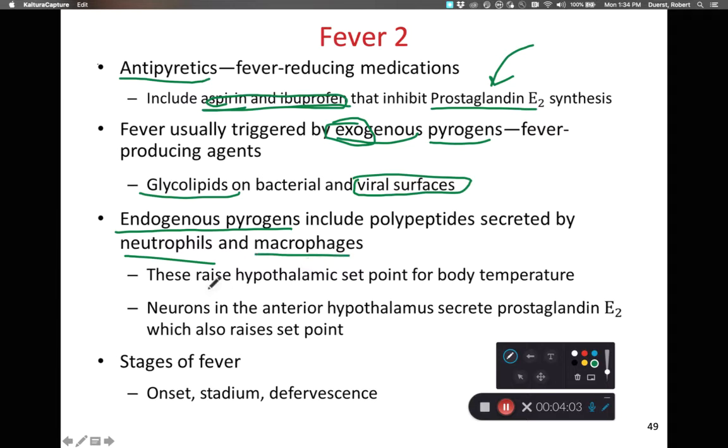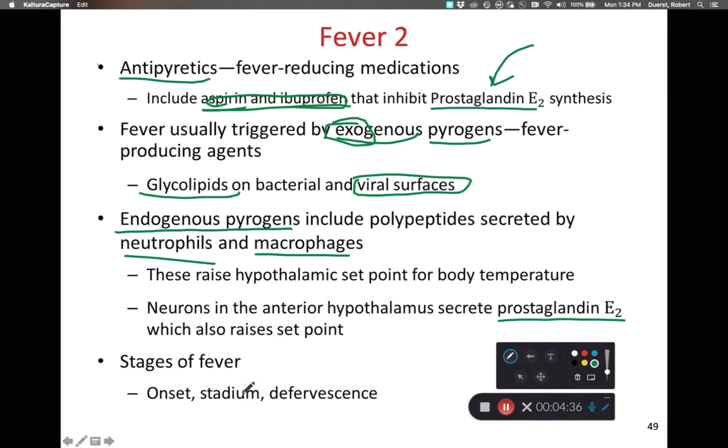These are going to affect the hypothalamus, where our body's thermostat resides, and raise the hypothalamic set point for body temperature. They travel through the bloodstream, go to the hypothalamus of our brain, and tell it, hey, let's turn up the heat. Then within the hypothalamus, prostaglandin E2 synthesis is going to raise the set point of our body temperature even more.